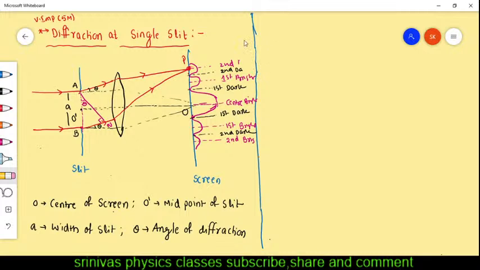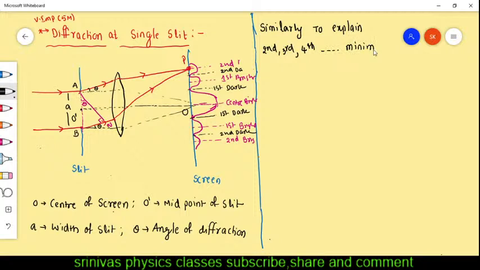Now some more points I will give. Similarly, to explain the second, third, fourth, and so on minimas.